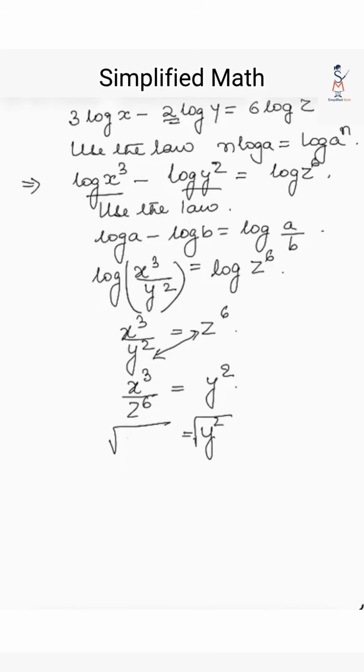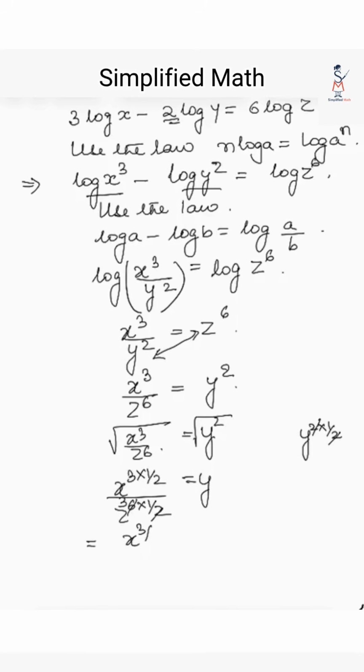When you square root both the sides, square root means the power is half. So y square into half will become y. Same way x cube will have a power of half and z to the 6 will have a power of half. So this will become x raised to the power 3 by 2 and z raised to the power 3 is equal to y.